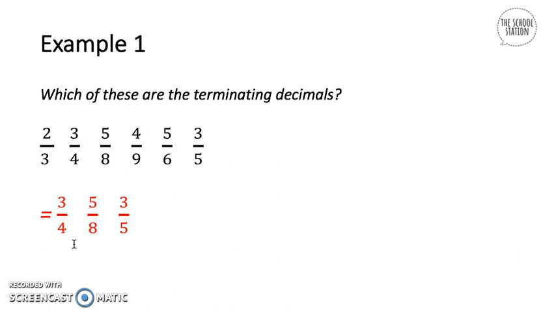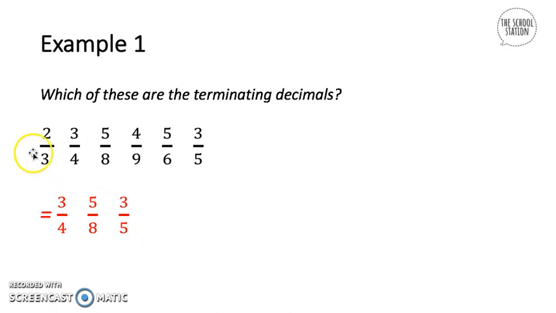Therefore, 3/4 would be a terminating decimal. In 5/8, 8 is again a power of 2, because 2 to the power of 3 is 8. And last of all, we have 3/5, and 5 is a power of 5, 5 to the power of 1. Therefore, if it is a power of 2 or 5, then it will be a terminating decimal.